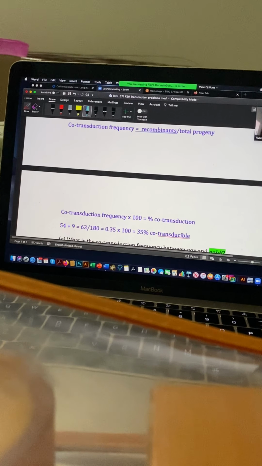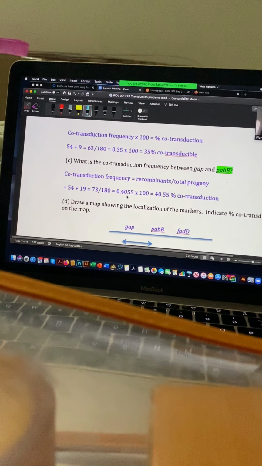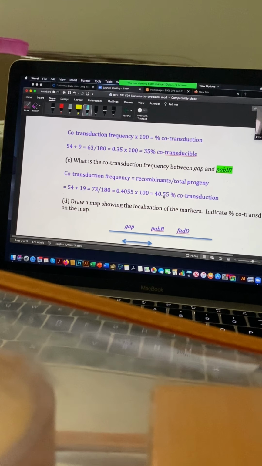So 54 and 19 is 73, divided by 180 equals 0.4055, times 100 equals 40.5% co-transduction. You can round this up.